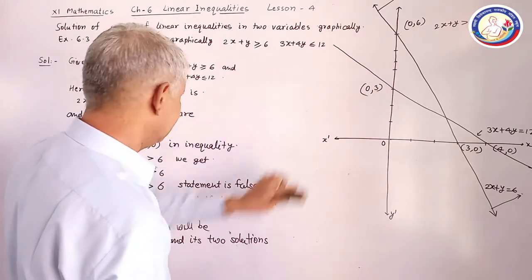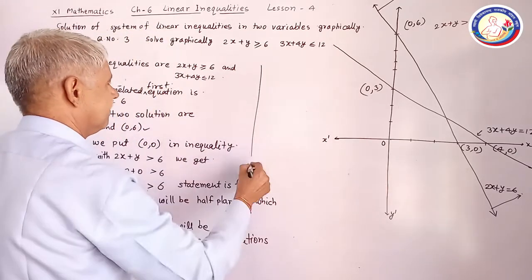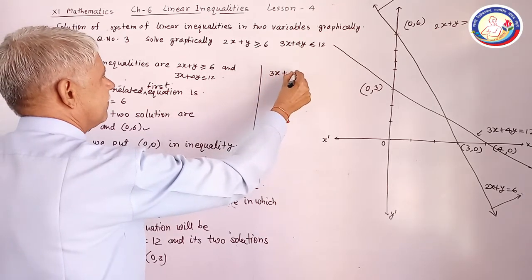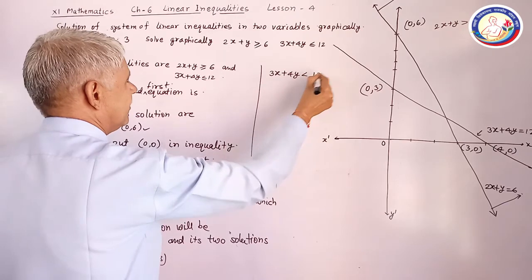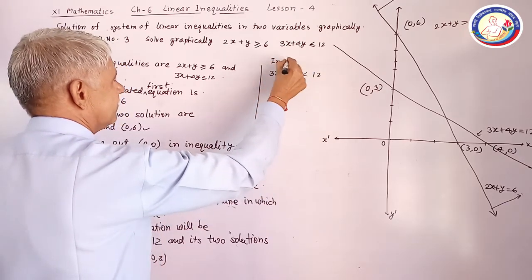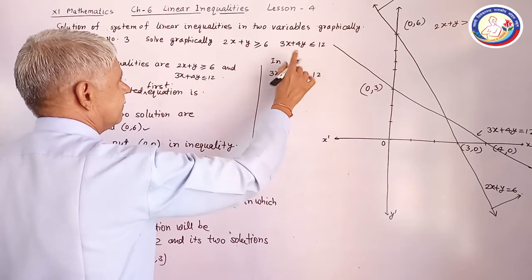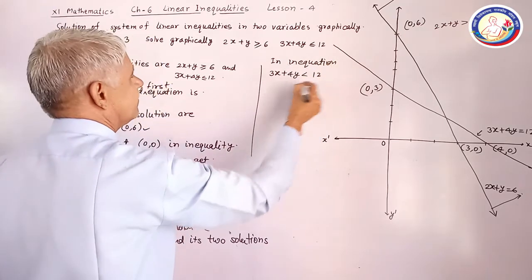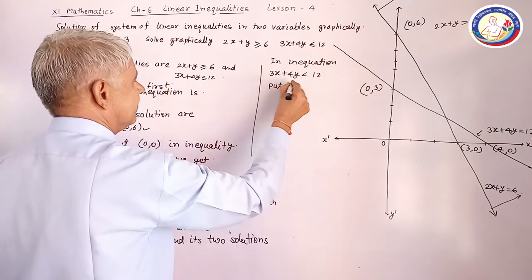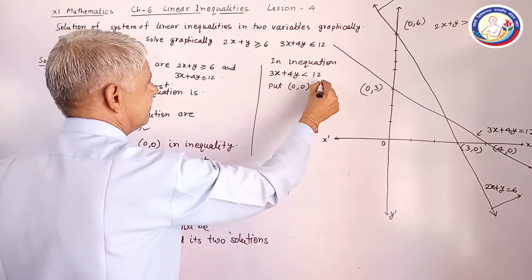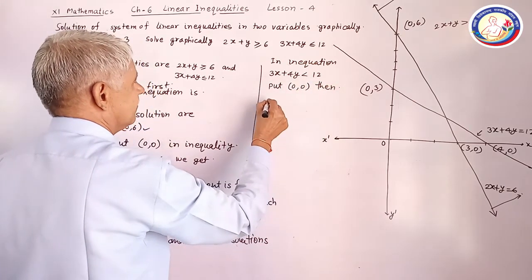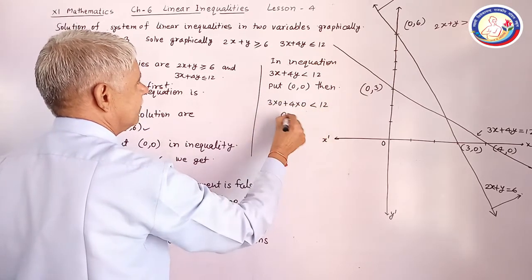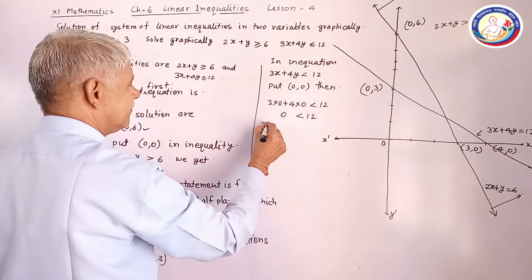If we put 0, 0 in this equation, less than 12, then the statement is correct.